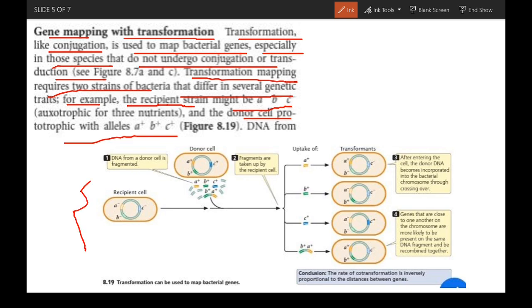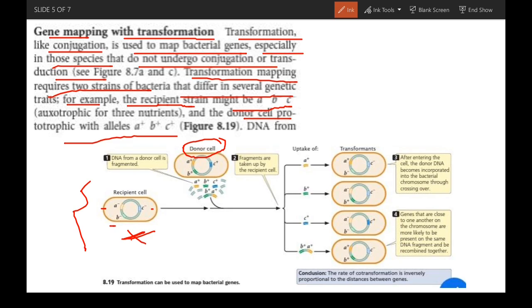The recipient cell is A minus, B minus and C minus, right? So these alleles are not wild type, while the donor cell has the wild type A plus, B plus, C plus. That is, they can produce whatever proteins A, B, C code for, while A minus, B minus, C minus cannot produce those proteins.